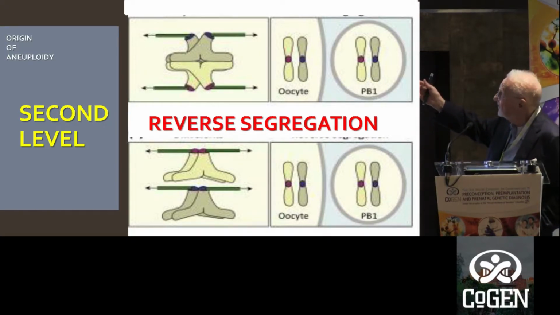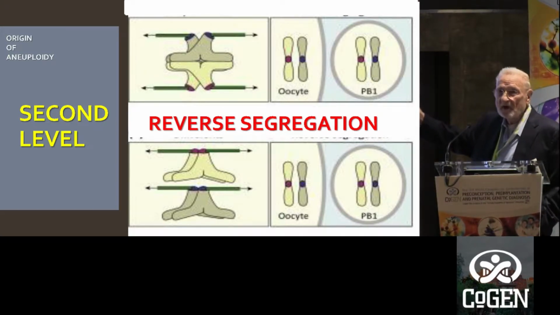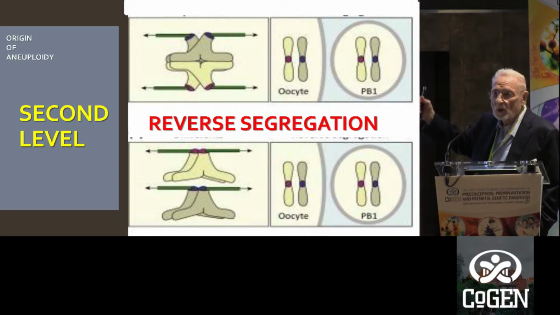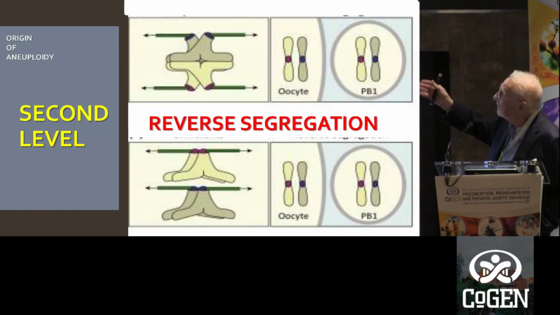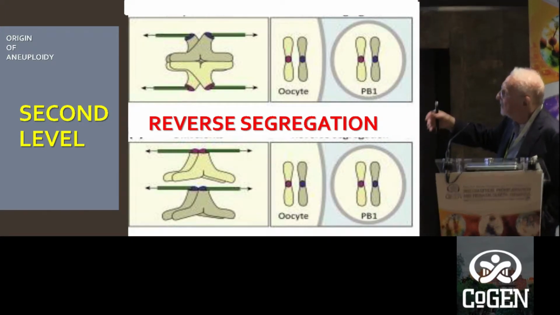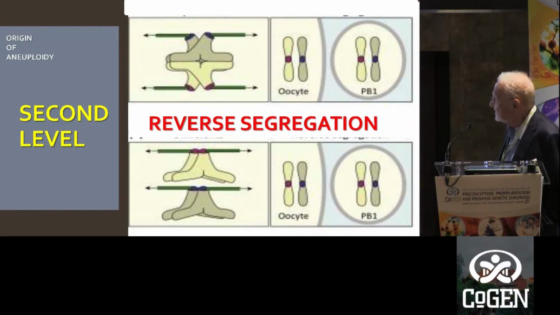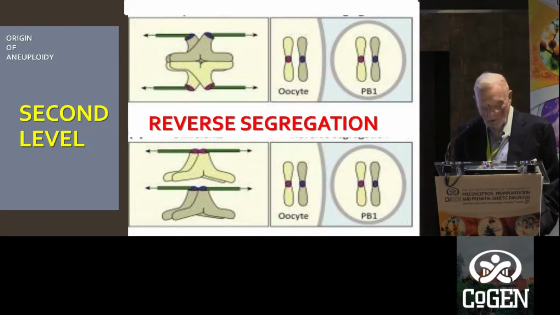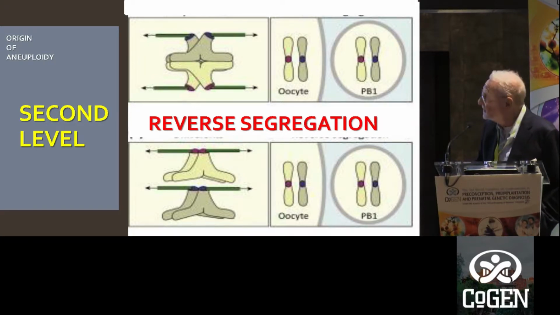And this, in a sense, represents a violation of that paradigm, whereby instead of the chromatids moving in the same direction, in a unipolar direction, they move in opposite directions and set up this phenomenon called reverse segregation. And that's not been fully appreciated.